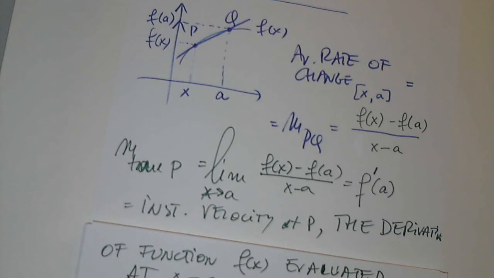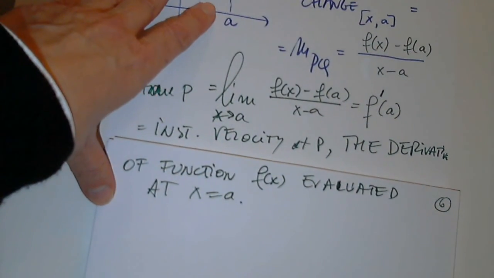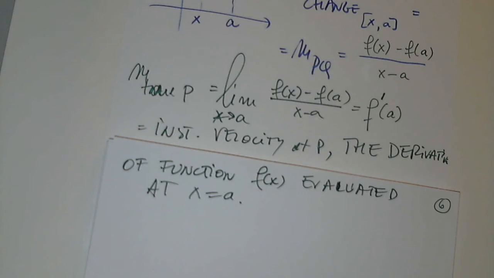So moving forward, we are going to say that f prime of a is the derivative of the function evaluated at the point x equals a.